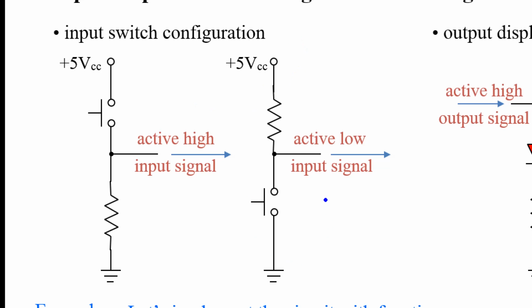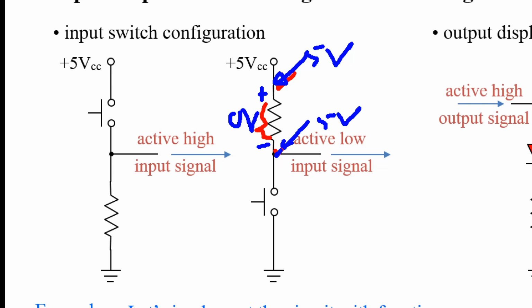And how about this one? For this one, if the switch is not pressed, there is no current, right? That means the current passing through this resistor is also zero. When the current is zero, the voltage across this resistor will be 0 volt. So the voltage difference is 0 volt, which means this point and this point have the same potential. This point is 5 volt, so this point must be 5 also.